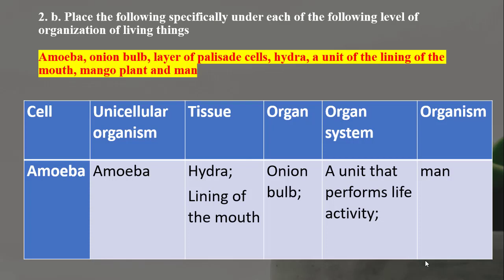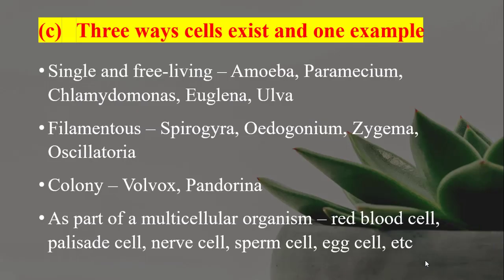Then question 2C said to give 3 ways cells exist and give an example of each. So we have single and free living, and for that we have examples like amoeba, paramecium, Pyramidomonas, euglena, and so on.